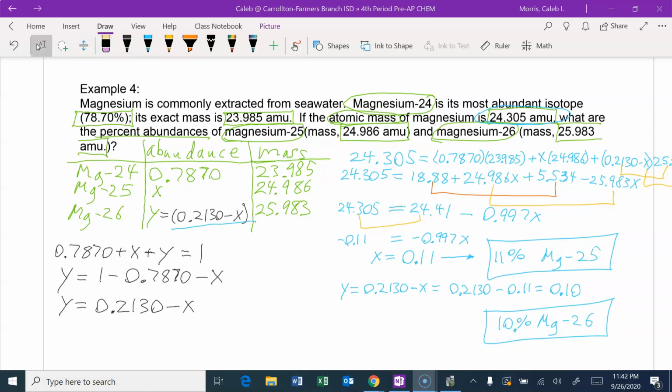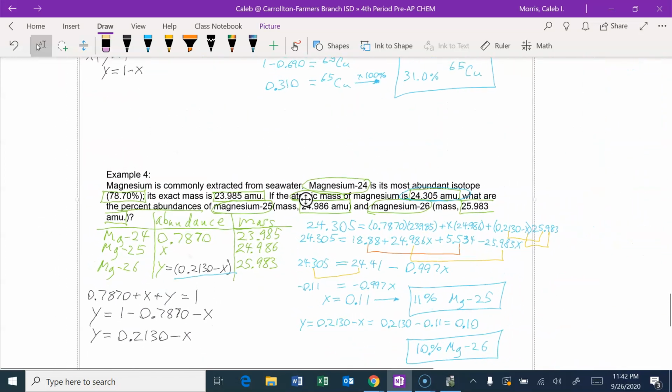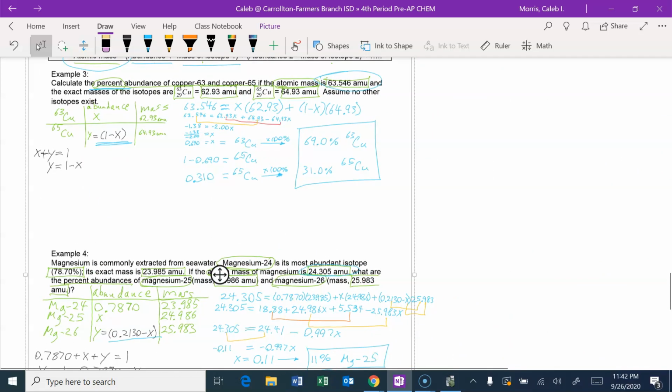And in general, that's a good way to check your work with these, to add everything up and just see if you're at least very close to 100%. And that's pretty much it for isotope abundance. Try some practice problems and let me know if you have any questions.